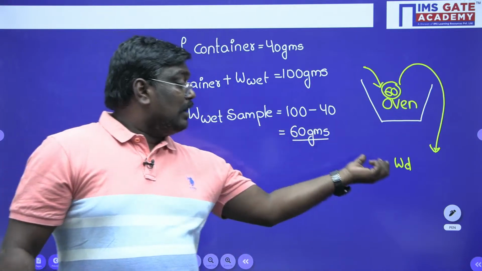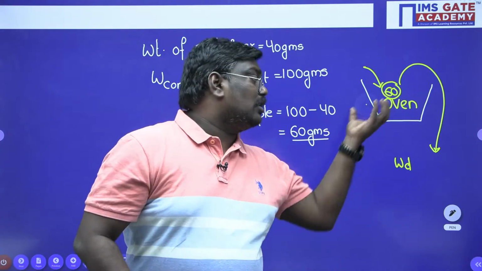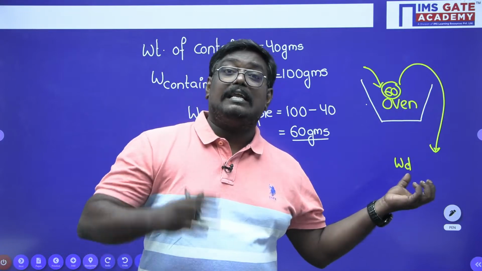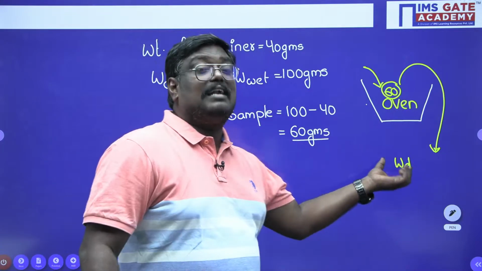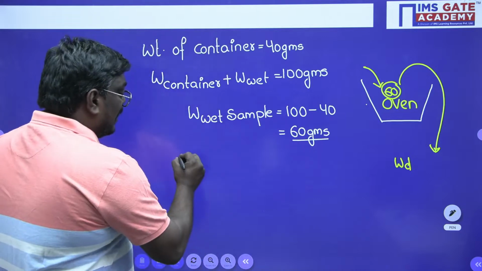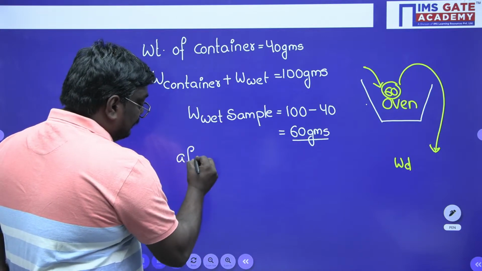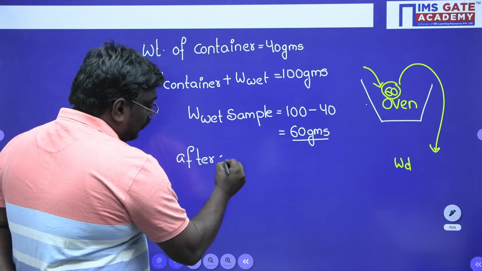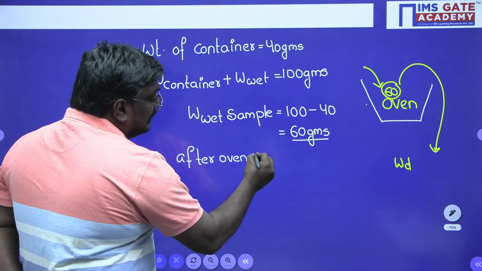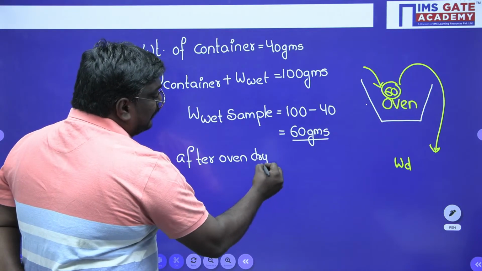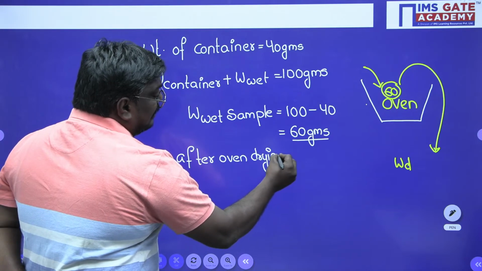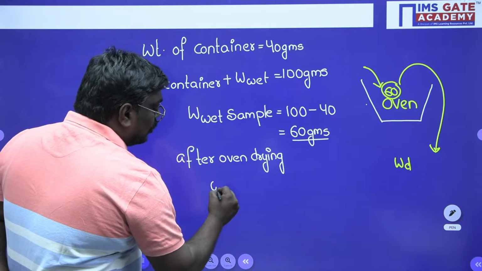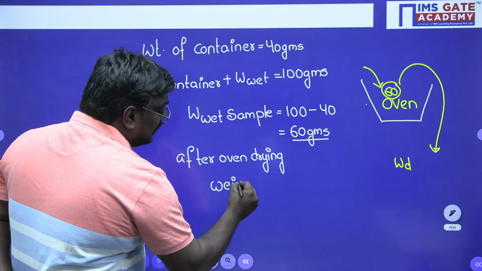So on heating, that water will be removed. Whatever the weight after oven drying, that will be the dry weight. After oven drying, it is simple that the weight will be dry.